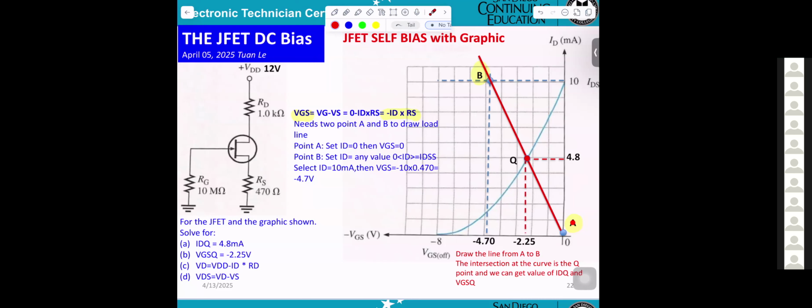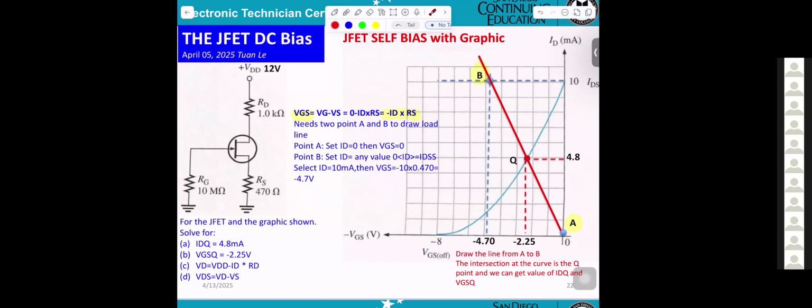So you get the point A. Okay? And now point B, you can set ID at any value. However, it has to be greater than 0 and less than IDSS at 10 milliamp. You can pick any. Okay?